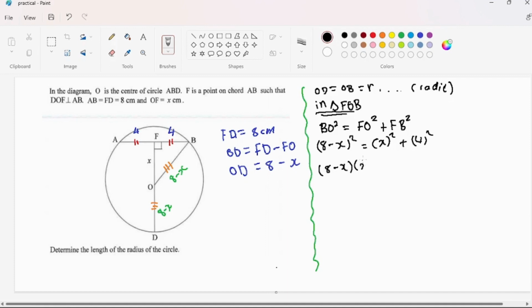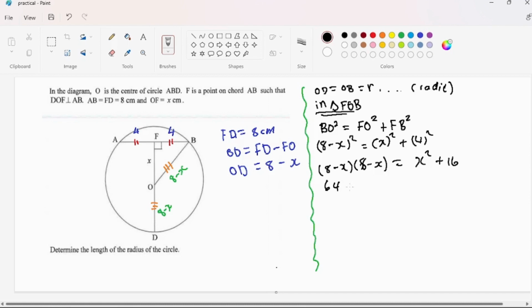And then we are going to simplify here guys. Let me first expand, and then here we are going to have X squared plus 16, and then 8 multiplied by 8 is going to be 64. 64 is going to be negative 8x and negative 8x.